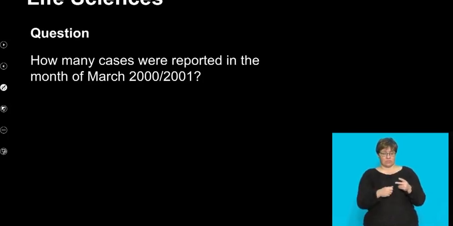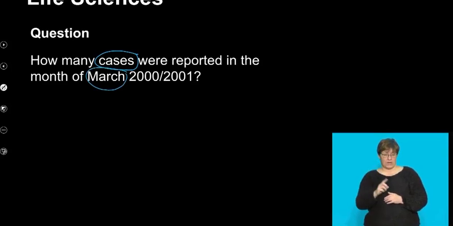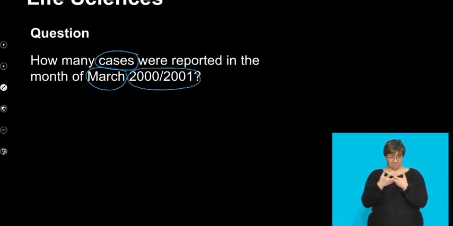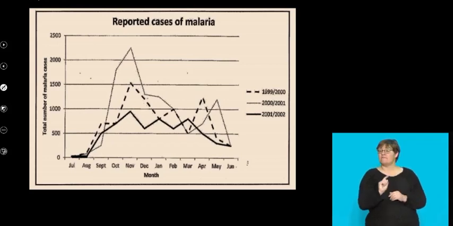The next question says, how many malaria cases were reported in the month of March? So we're looking at the cases. We're looking in March in 2000 to 2001. So let's go to our graph. First of all, we're going to look at 2000, 2001, small little dotted lines.